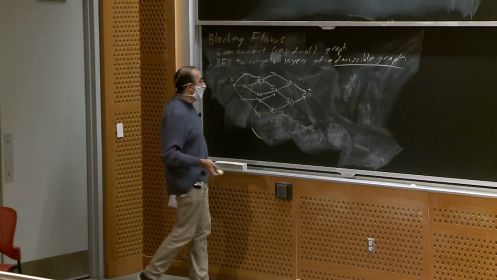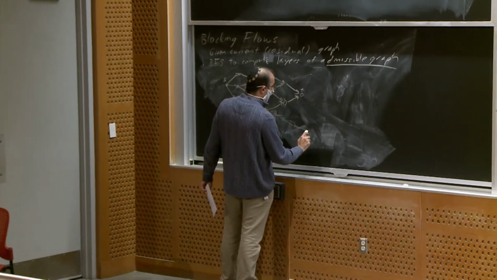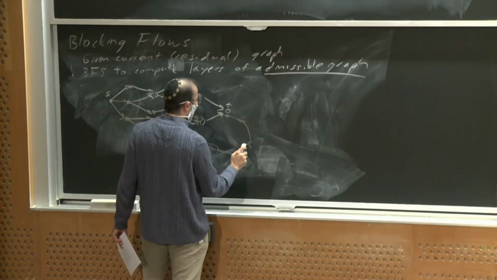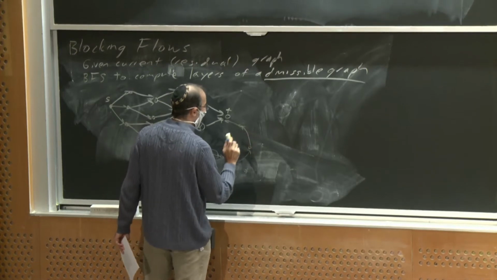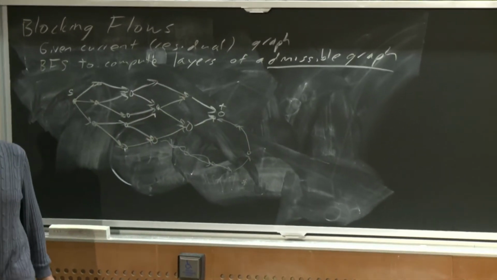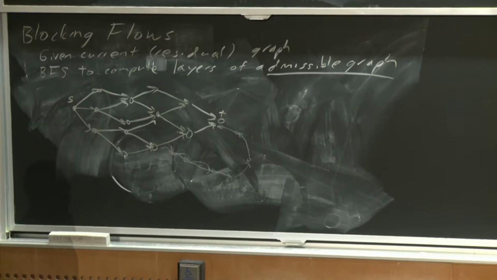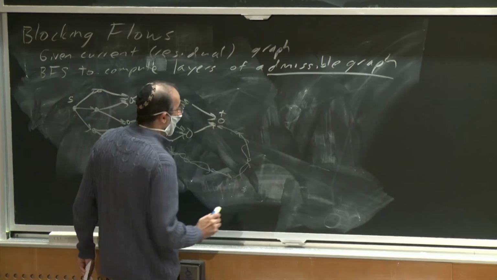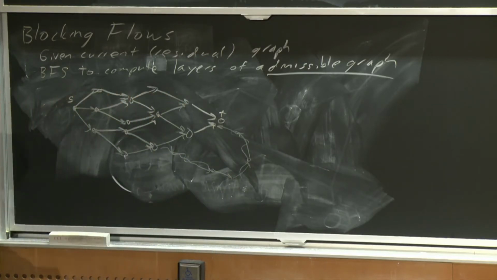Okay. There may also be paths that eventually reach the sink through a much longer path than the shortest path, but we're not interested in those either because we're still pursuing this idea of shortest augmenting paths being good ones, right? So we don't worry about these longer paths either, okay?